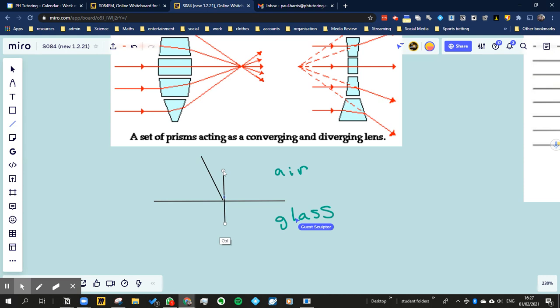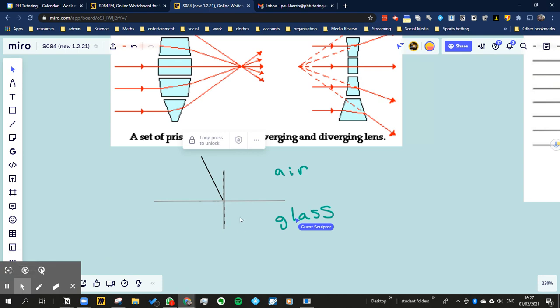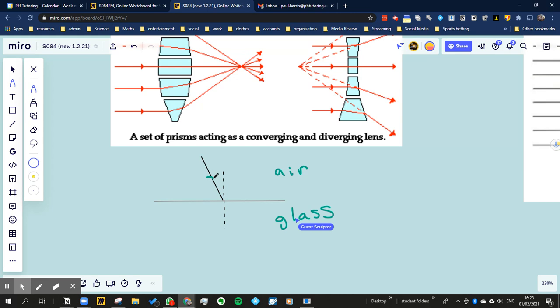The normal is always perpendicular to the interface and exactly at the point that the ray of light is incident. So we've got a ray of light coming into that interface at that point.